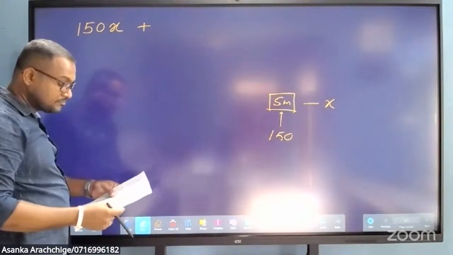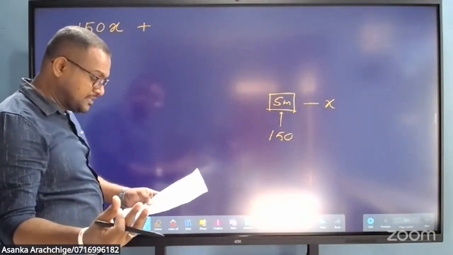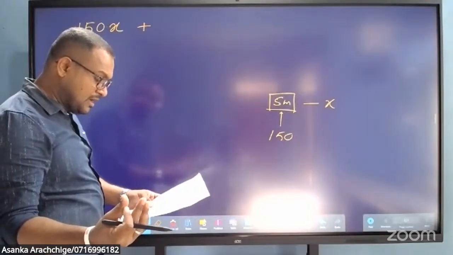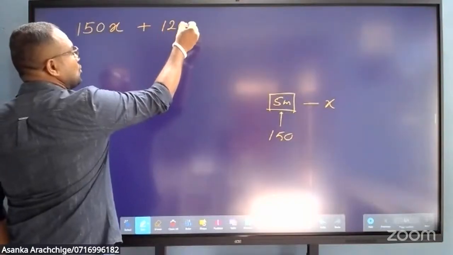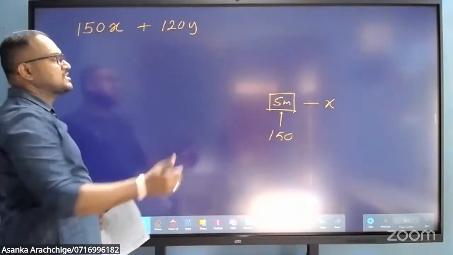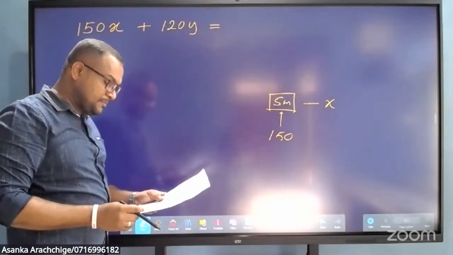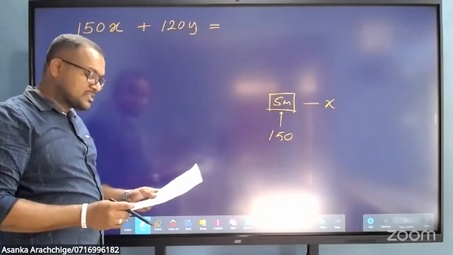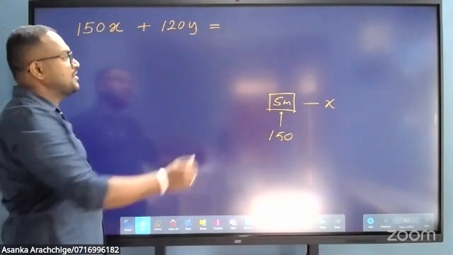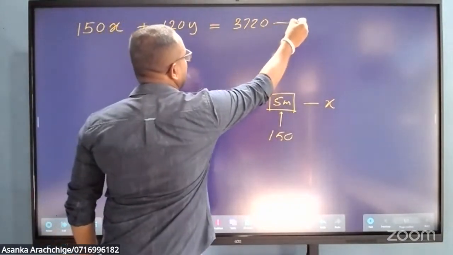Right? The price of a pack of large plates is 120 rupees. There are such Y packs. The total cost we are given, total cost of these plates was 3,720. මුළු ගාන 3,720.